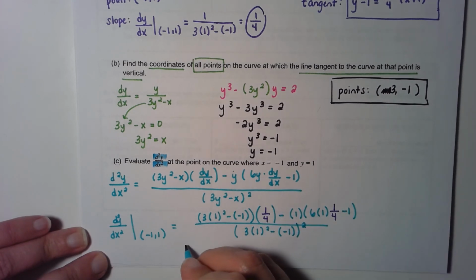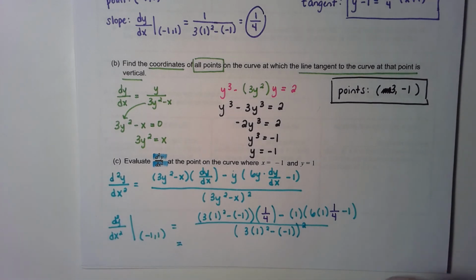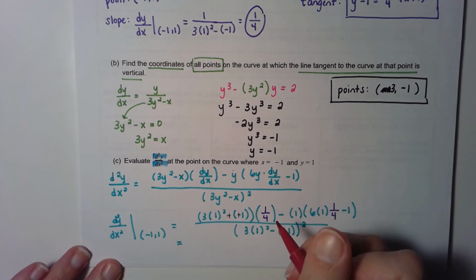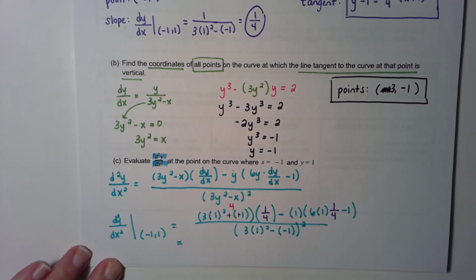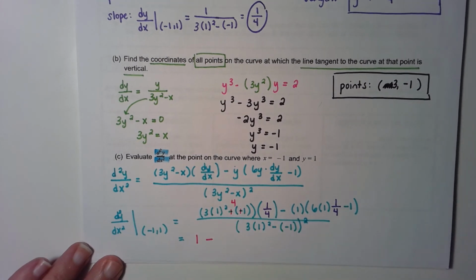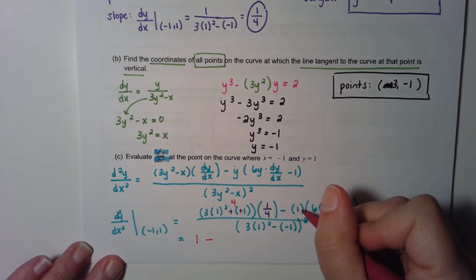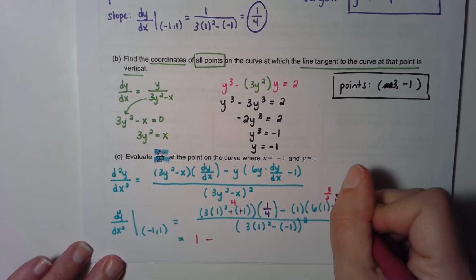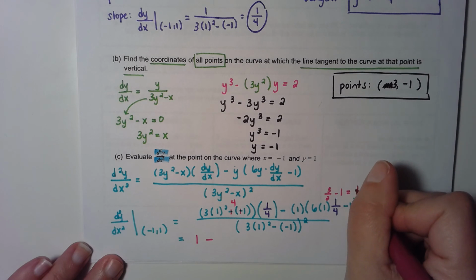Now, this is not easy to simplify, but the nice thing is we didn't have to simplify twice. It's not like simplify the derivative and then also simplify it again. We're just going to simplify one time. 3 times 1 is 3, plus 1 gives you 4, and 4 times 1/4 is just 1. So we're going to have 1 minus, now this is times 1, so 6 times 1/4 is 3 over 2, minus 1 is just 1/2.